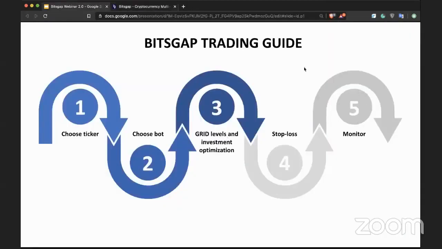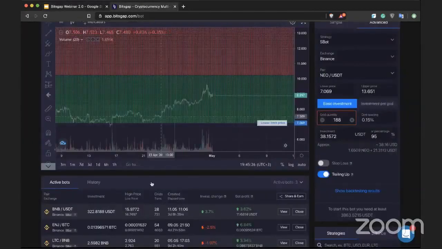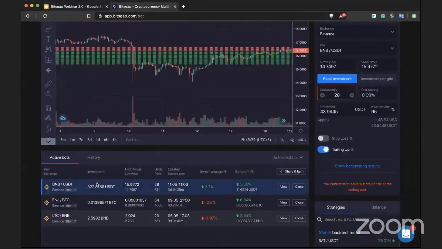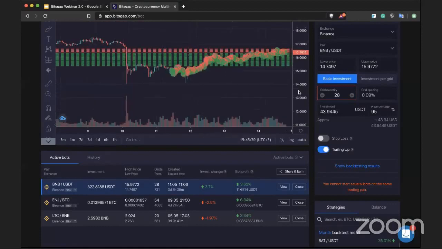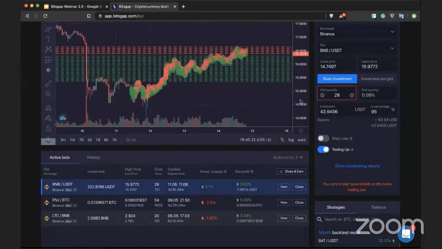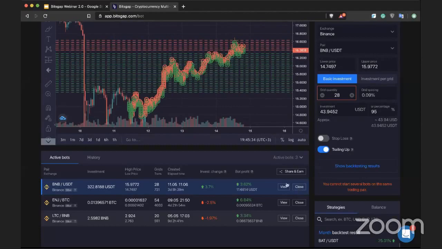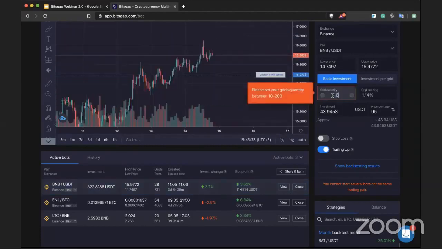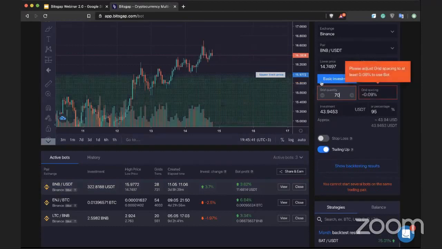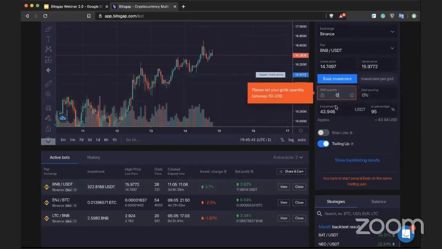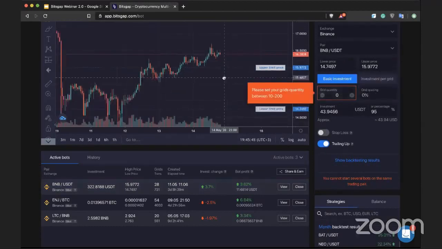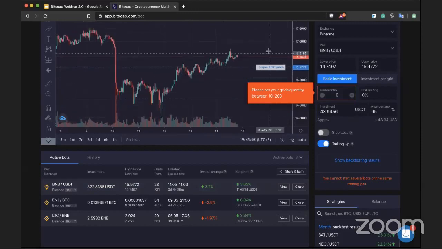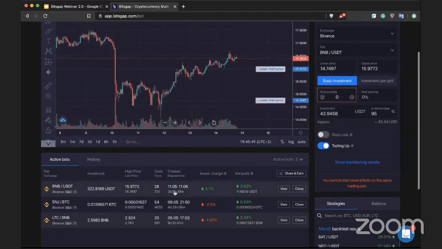And finally, the fifth step is to monitor your automated trading, because, for instance, in my case, BNB trading to USDT, it looks like I should cancel it right now and reopen it with 60 grids, or actually 70 grids in total, so that I wouldn't skip that many price swings that occur during this period of time.